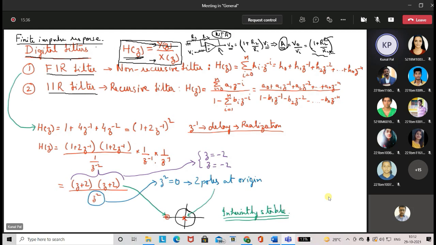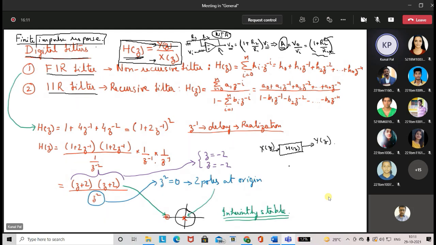We have talked about impulse response previously, right? Suppose we are given a system H(z). If the input is X(z), the output is Y(z).